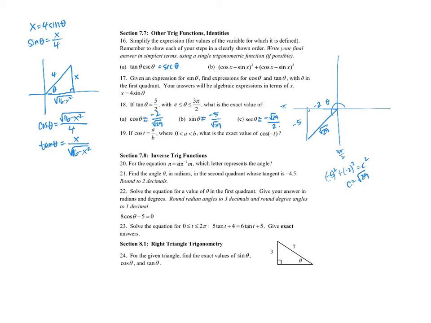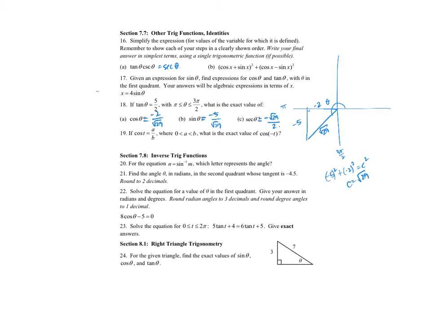Next it says if cosine of t is a over b, what's the exact value of cosine of -t? Okay, so cosine of t is a over b. This is a symmetric argument here.